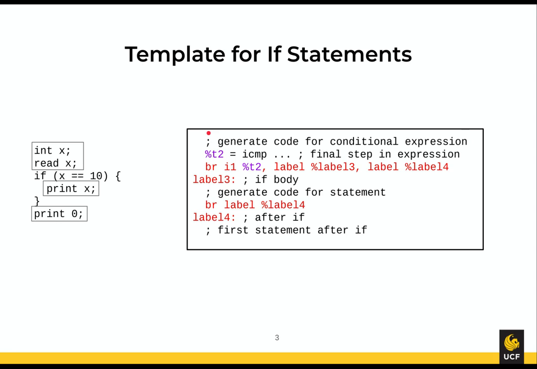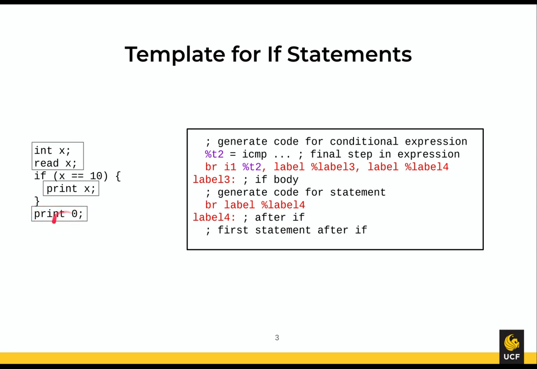And then your generator for the if statement will always emit some branch, then emit the label for the if body, and then recursively generate code for the statement. Once that's done, it'll generate an unconditional branch to a label that represents the code after the if statement.